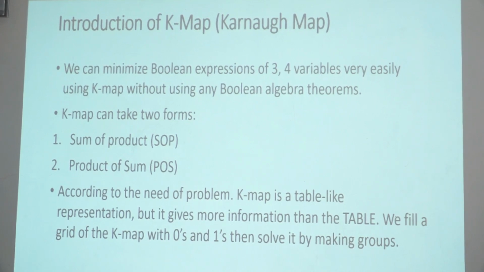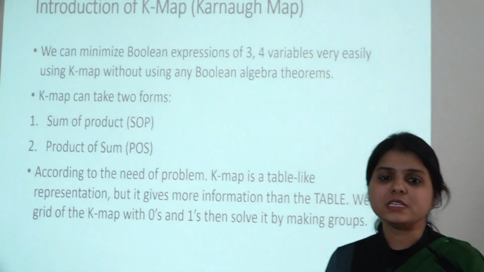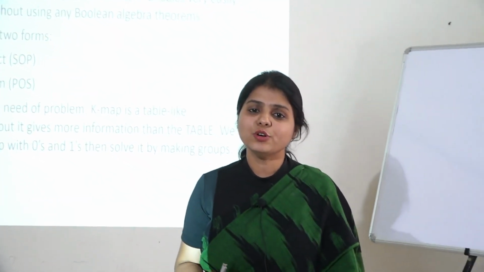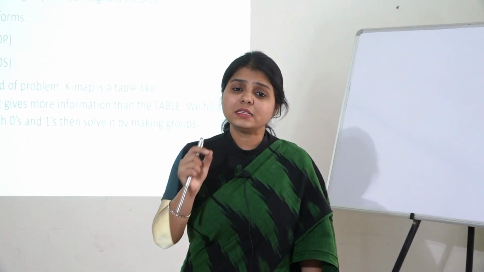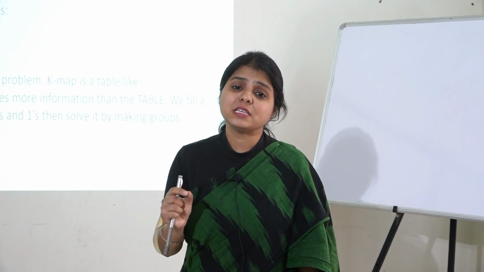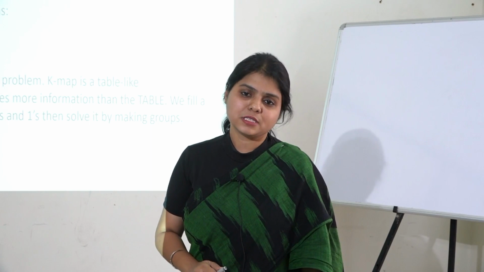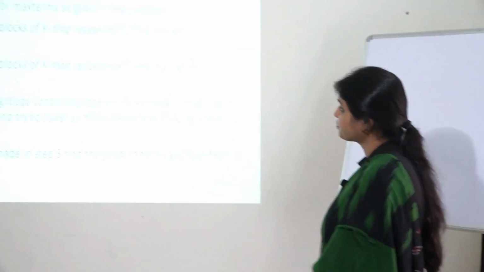We have also seen that a K-map is a truth table like structure which has some arrays. It has a table like representation which gives more information about the Boolean function, and inside K-map cells we use zeros and ones. As I already told you, we use 1 in the K-map cell when we are dealing with sum of products, and we use 0 inside the K-map cell when we are dealing with product of sums. Okay. Let's dive deeper.